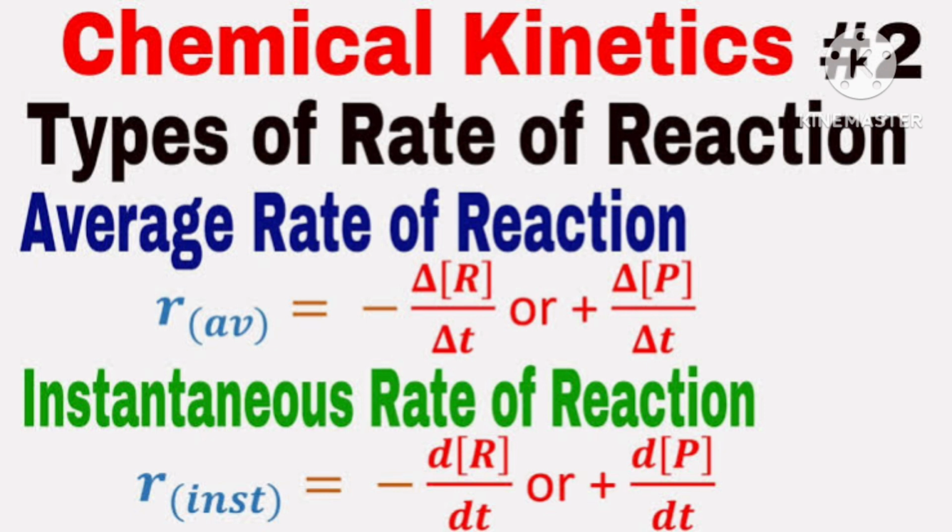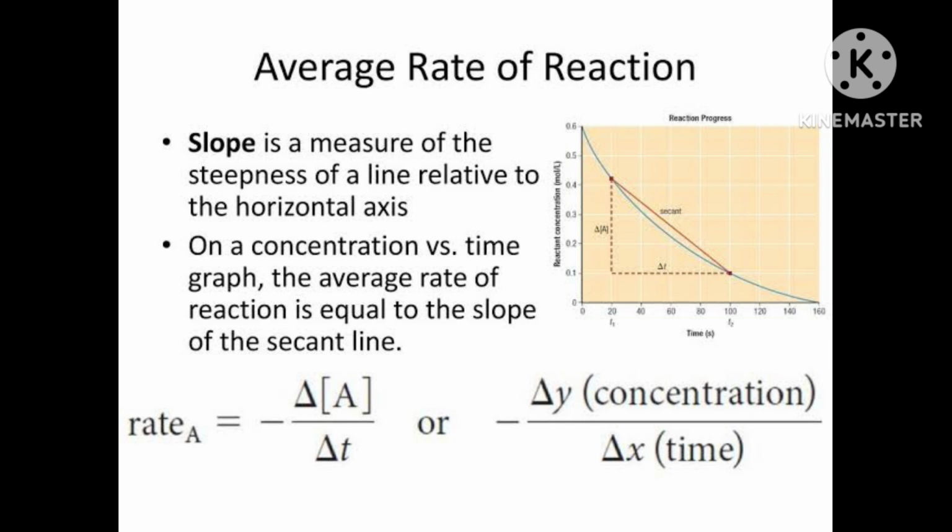Question: from the concentrations of butyl chloride, its formula is C4H9Cl, at different times given below, calculate the average rate of reaction. Whatever I have told you, that is the average rate.